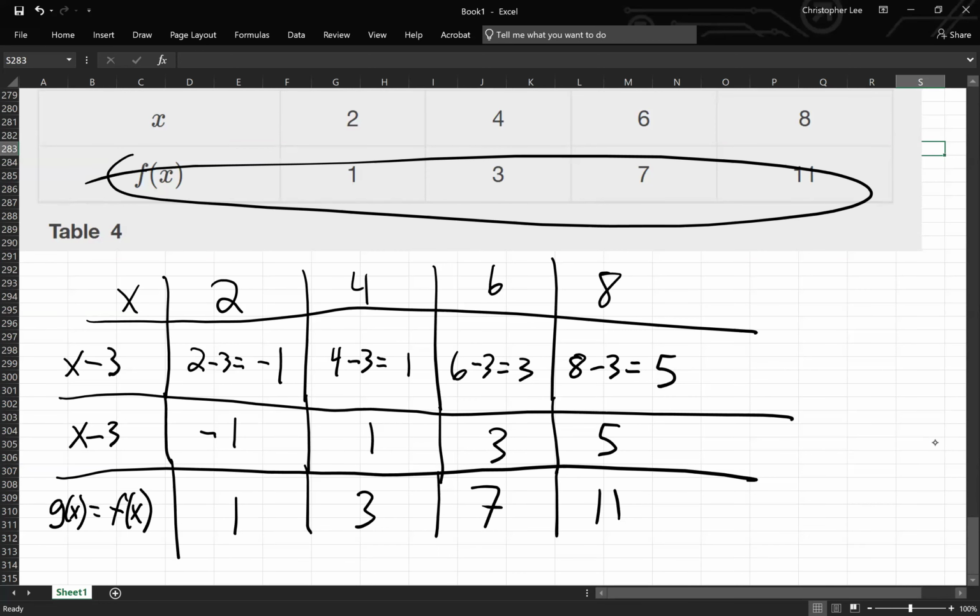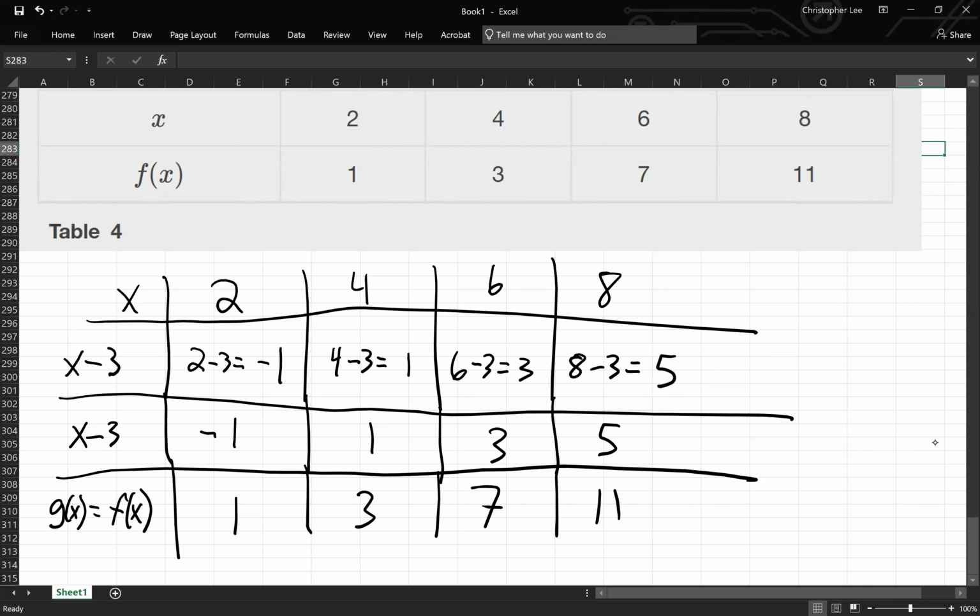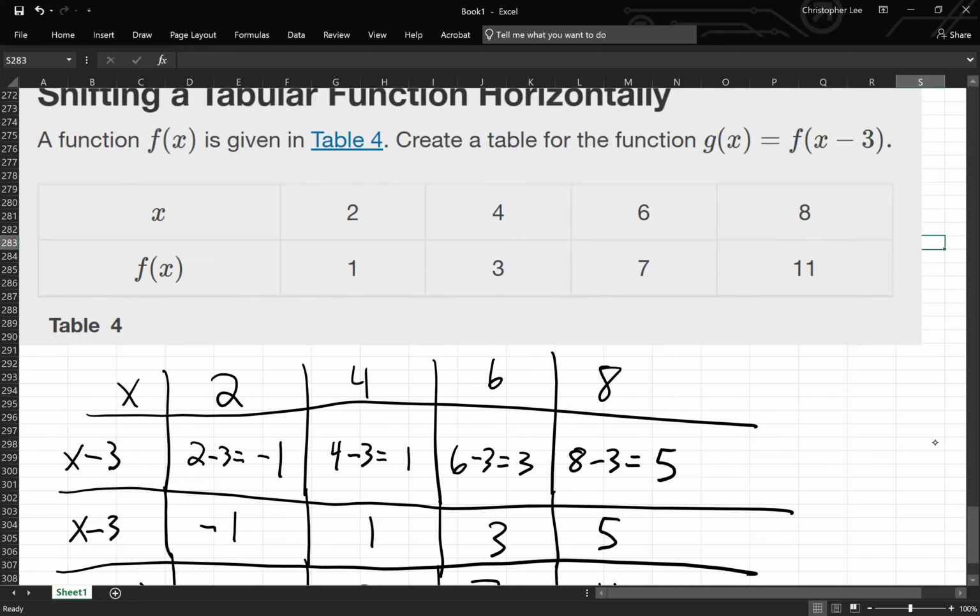Questions on this? Anybody? So horizontal shifts only affect the input, the x's. They don't affect the y's.